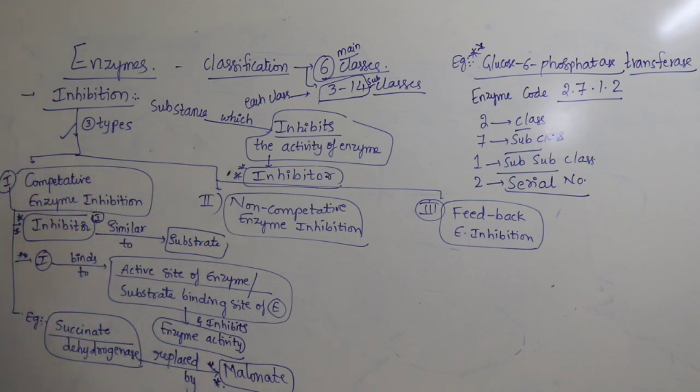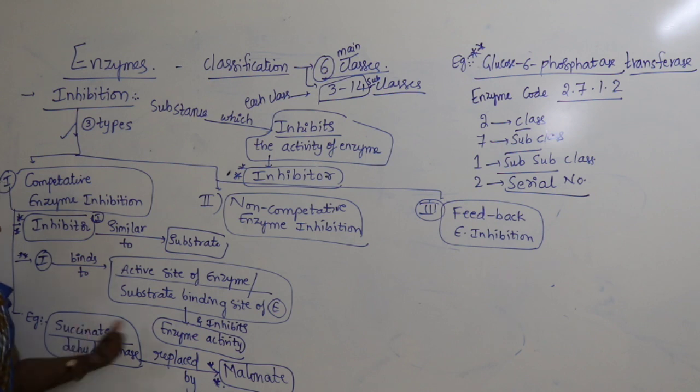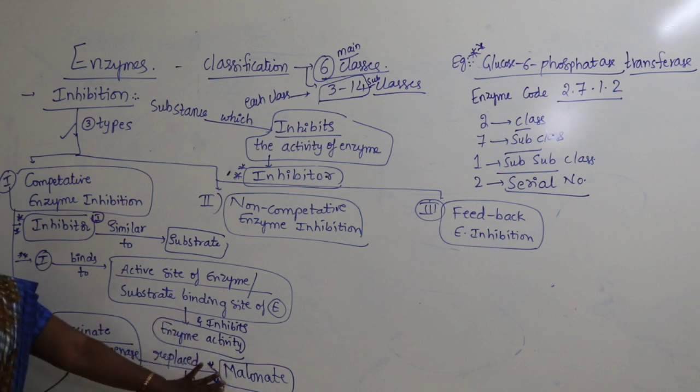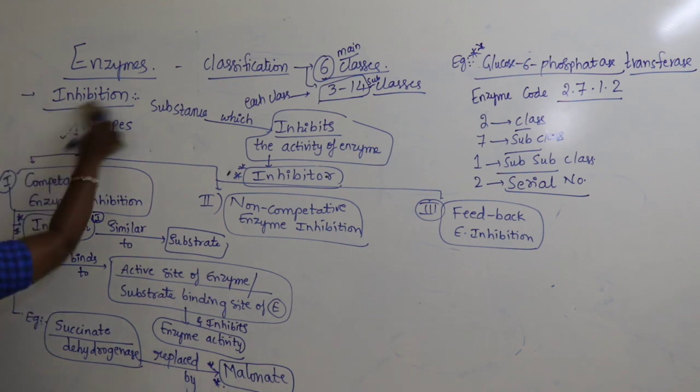What does it mean here? Succinate dehydrogenase is an enzyme, succinate is a substrate, and malonate looks exactly like the substrate. Now instead of the enzyme combining with succinate, it will come and bind to malonate.